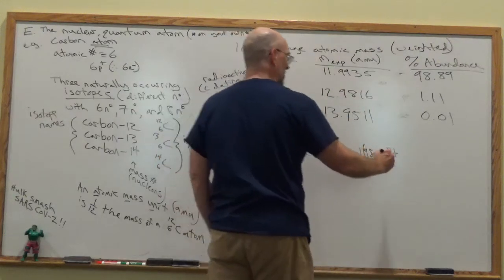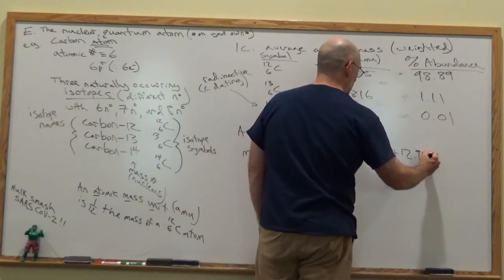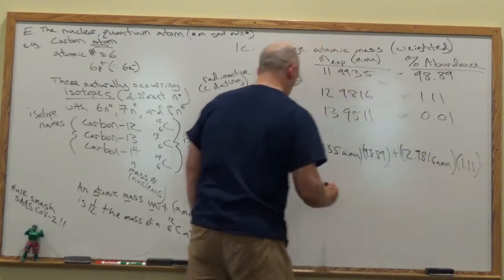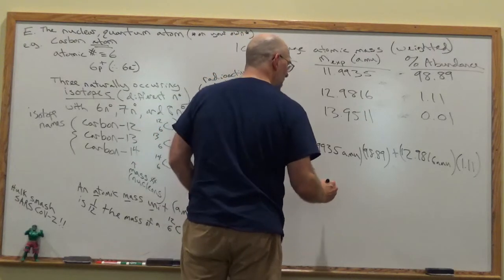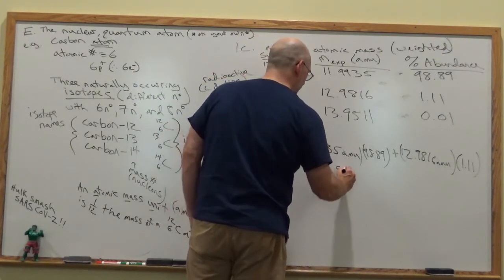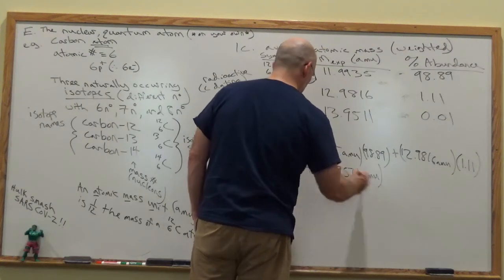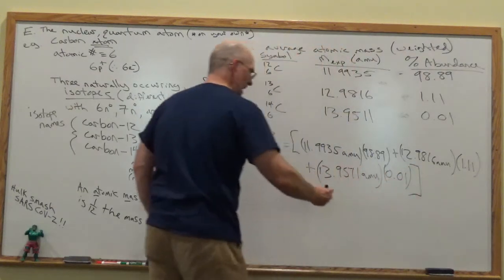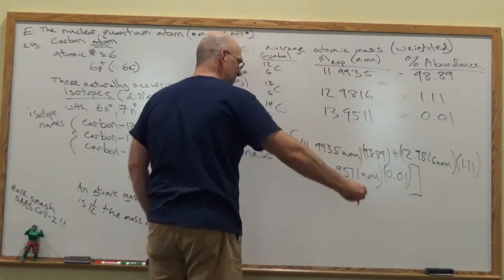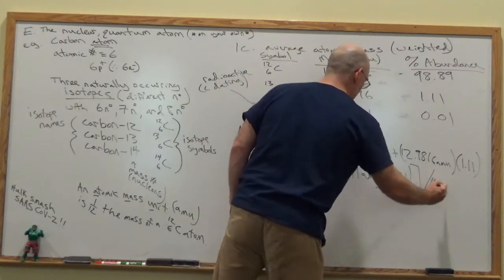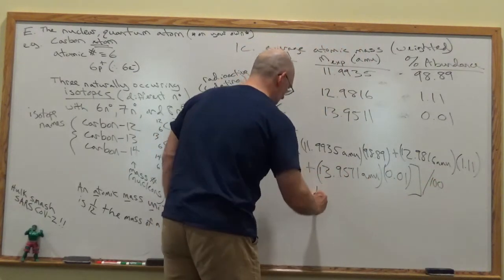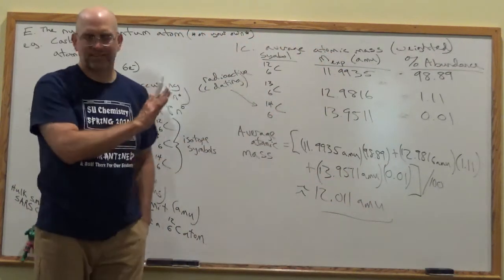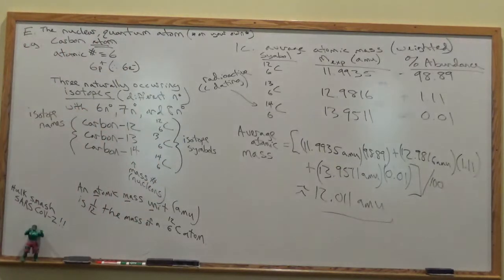Plus the next one, 12.9816 AMUs times 1.11, plus 13.9511 AMUs times 0.01. So multiply each of them successively, add them together, divide by 100, and you should get approximately 12.011 AMU. If you have something slightly different because it rounded, don't worry about that. As long as you got about that, then you know you did it right.